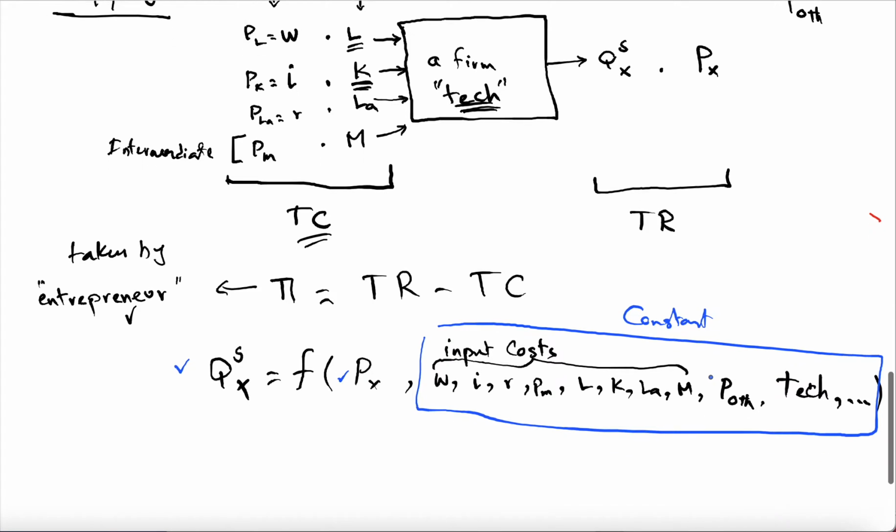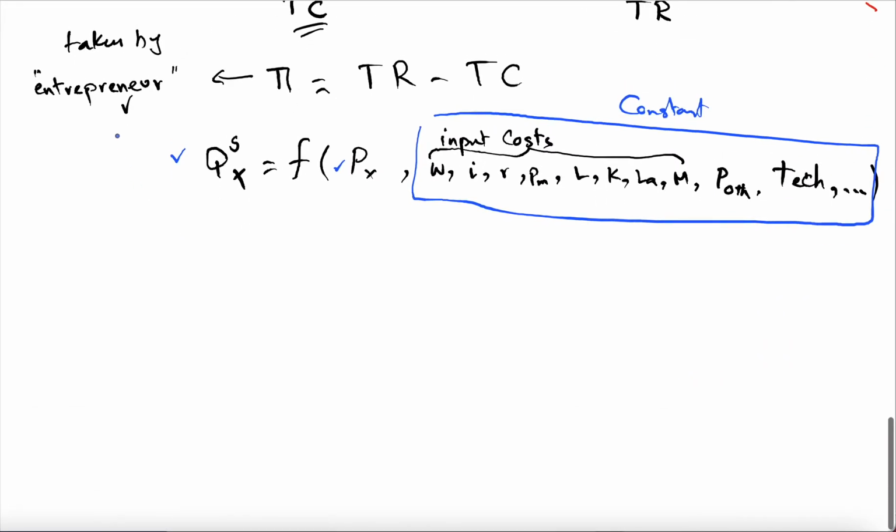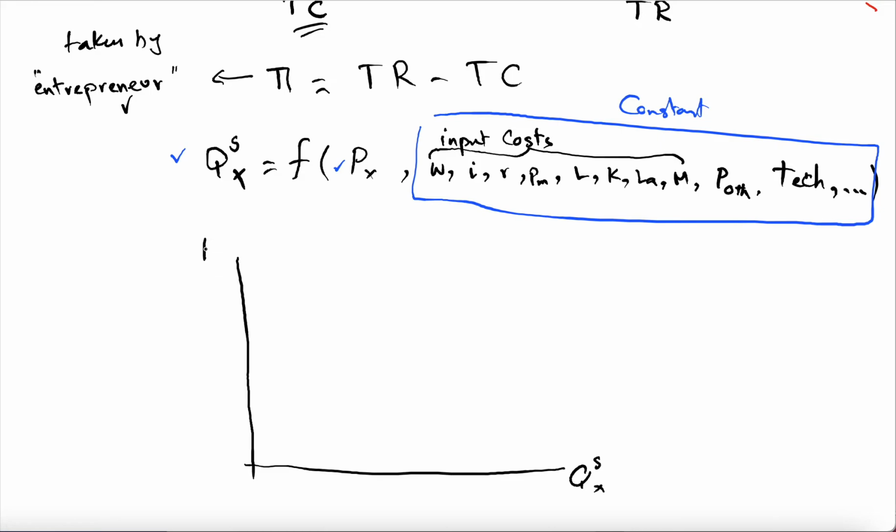And if we draw it, we are going to get our price here and the quantity here, quantity supplied of X, price of X here, and it looks positively sloped. So this supply curve is positively sloped.